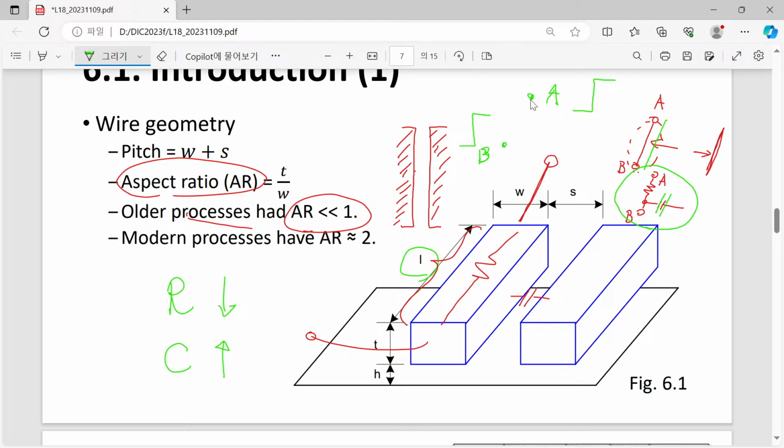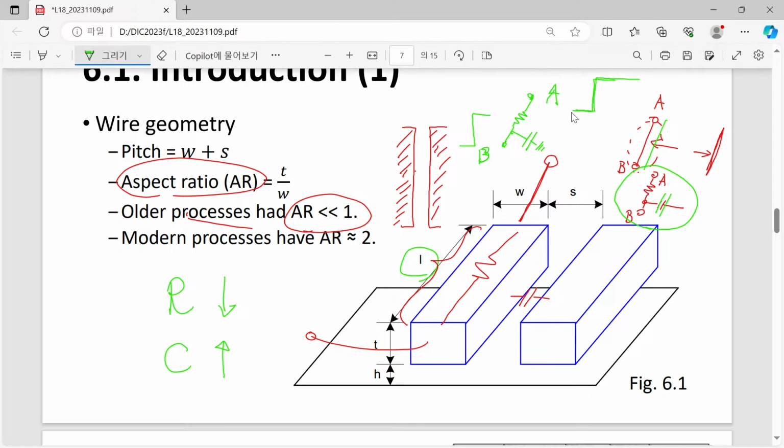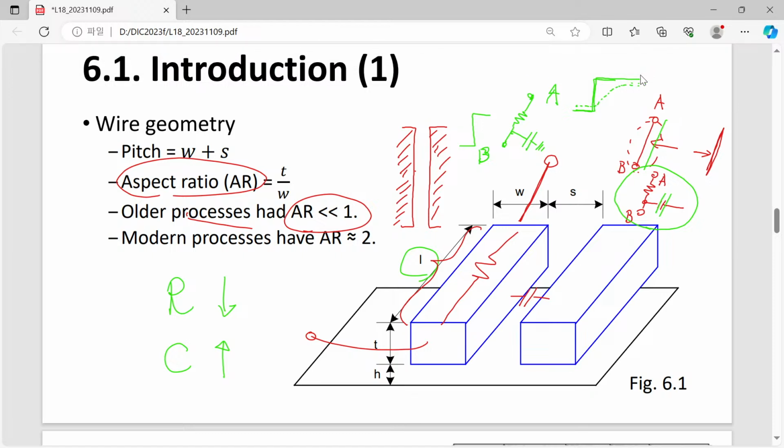So here we have an RC delay, and maybe you remember that you have already calculated this kind of thing. So although the input signal is abruptly increased, the response of your signal will be just delayed by the RC delay time. In order to reduce the delay due to wire, you must have a reasonable value of R and C.